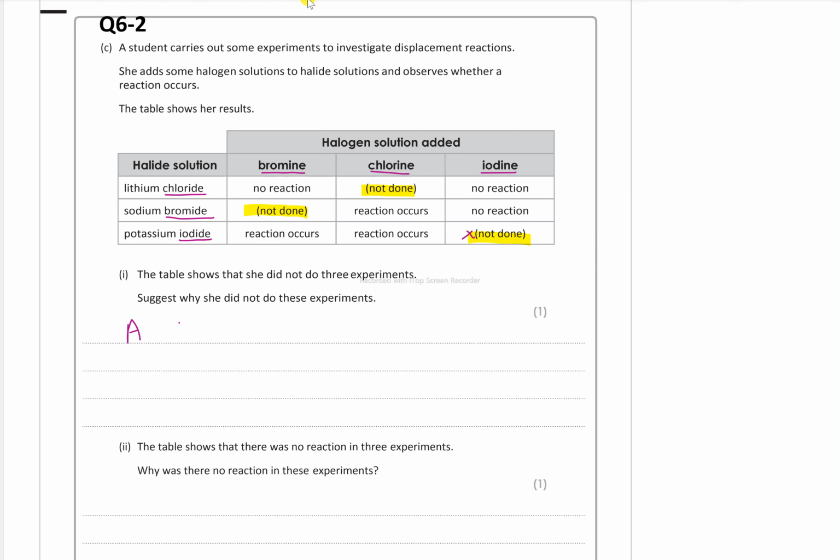So that's why we didn't do this or that one. So write it down: a halogen cannot displace itself.